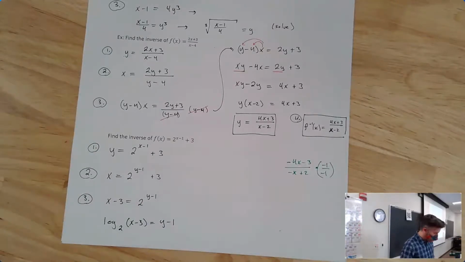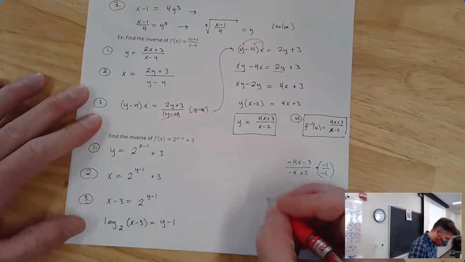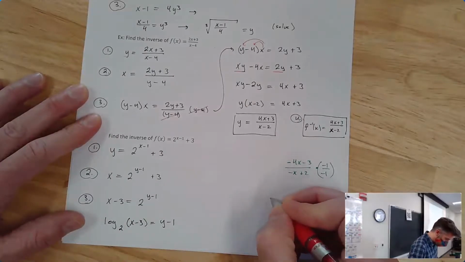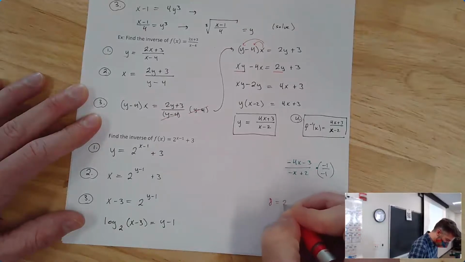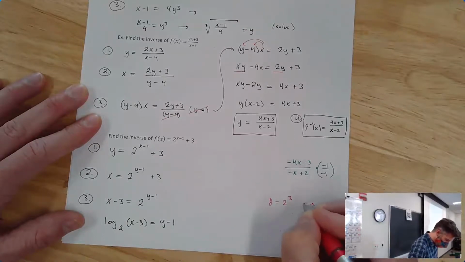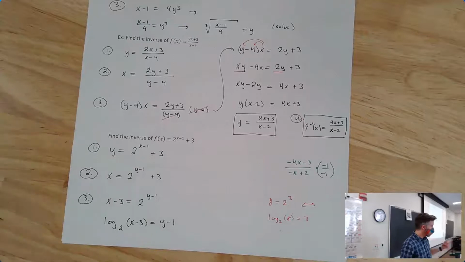I'm just using my usual log setup. If I have something like 8 equals 2 to the third, that becomes log base 2 of 8 equal to 3. That's always the one that's in the back of my mind, like, oh yeah, that's how logs work.